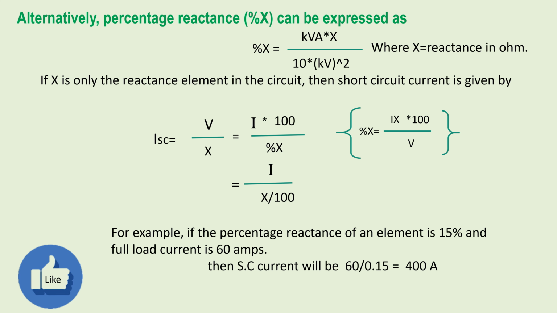For example, if the percentage reactance of an element is 15% and full load current is 60 amperes, then short circuit current will be 60 by 0.15 is equal to 400 ampere.